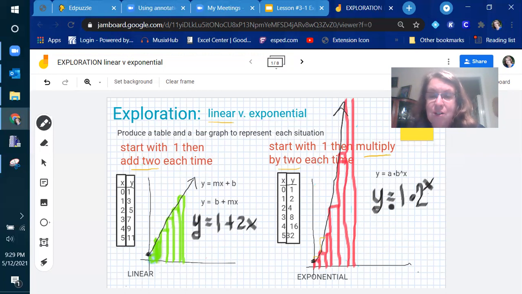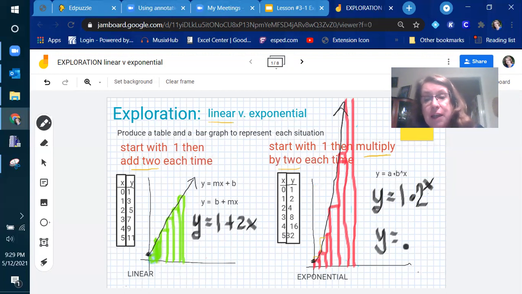Now I'm going to show you one more thing on this one here. Anytime the starting number is 1, you might end up with an invisible 1. So think about what happens if you take a number and multiply by 1. 3 times 1, 3. 5 times 1, 5. 6 times 1, 6. So when you multiply by 1, you just get that number back.